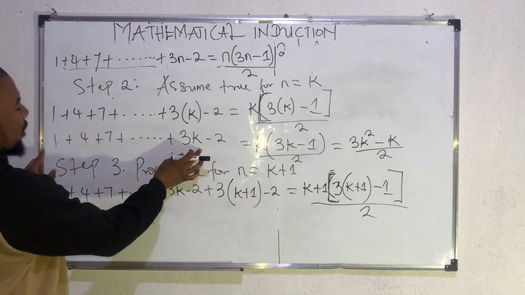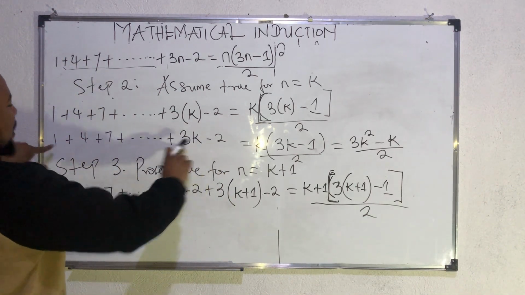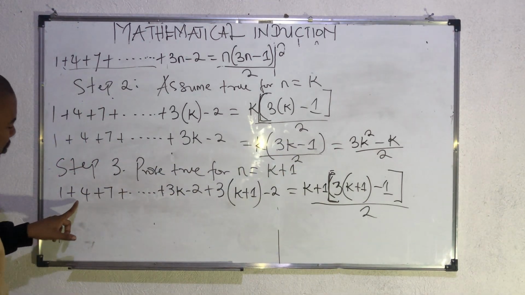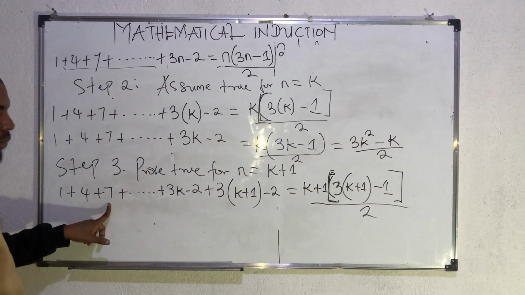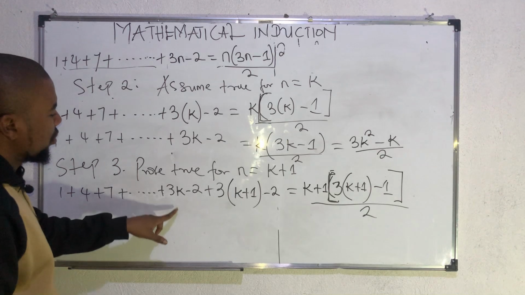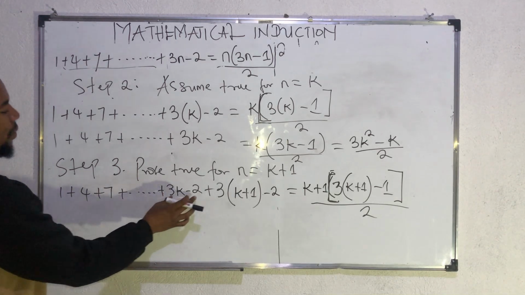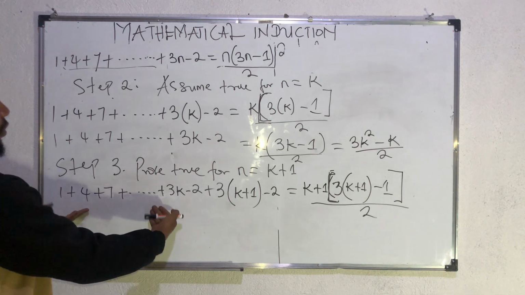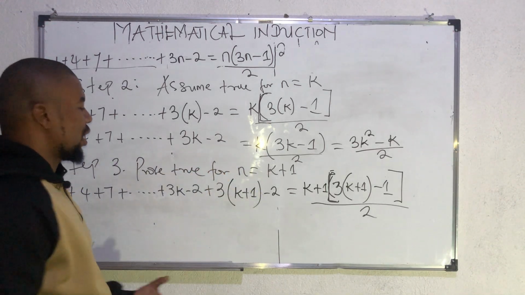So this part here, which is the assumption step, is equal to this. And we can also say that we have 1 plus 4 plus 7 plus dot dot dot plus 3k minus 2, right? Is also found in step 3, which is where n is equal to k plus 1.